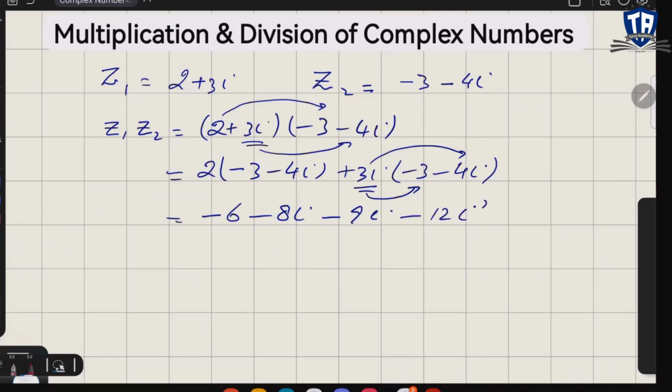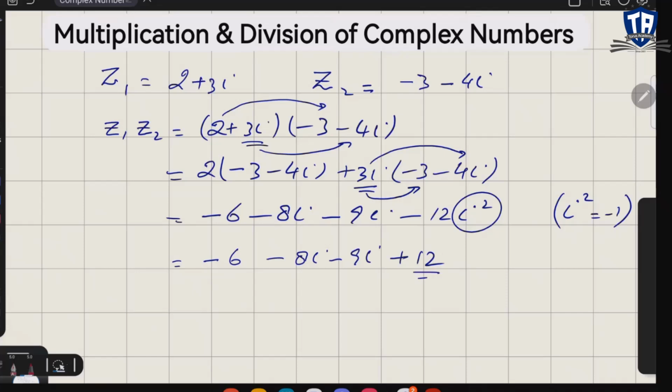square. So iota square is a term which we know we can replace with minus 1. When you replace iota square with minus 1, you would see the minus will change the sign and 12 will be without iota, so it becomes a real part.